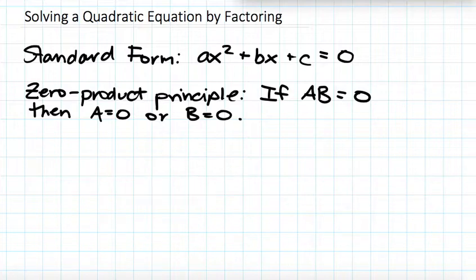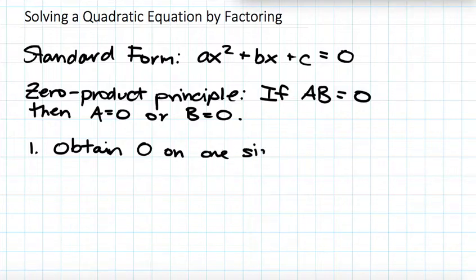So the steps to this process: the first step is to put the equation in standard form if it isn't already. So obtain a 0 on one side, if necessary.